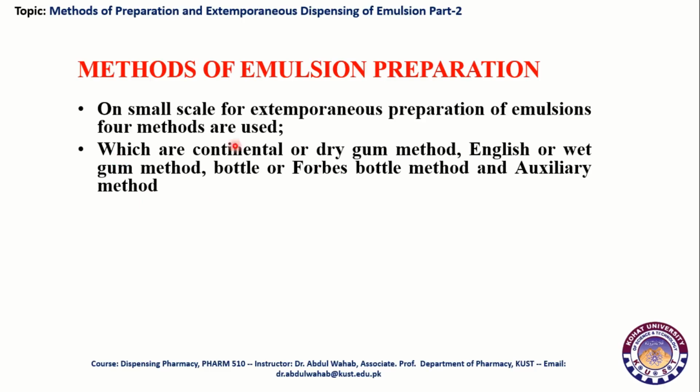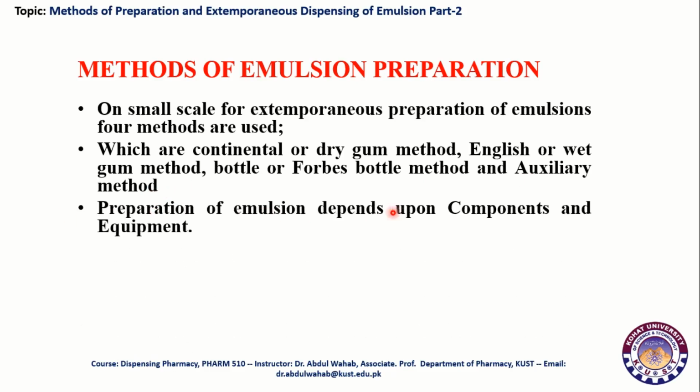For the dry gum method we mostly use the term continental method. Similarly, for the wet gum method we can use the term English method. Then the bottle method, and the last one is the auxiliary method.